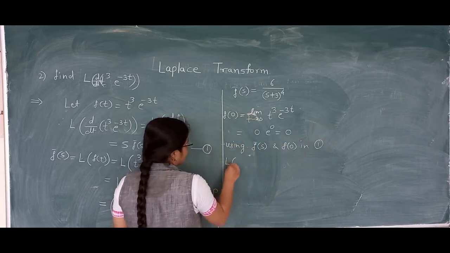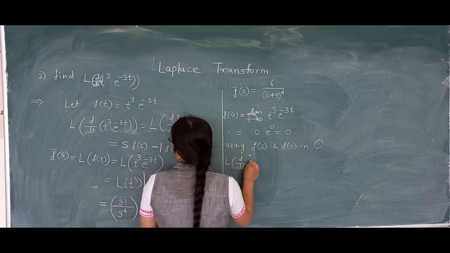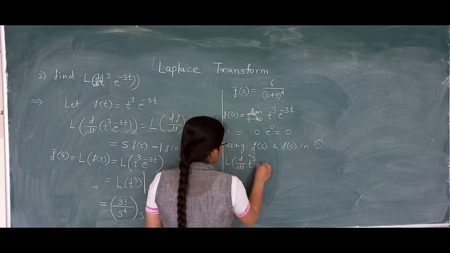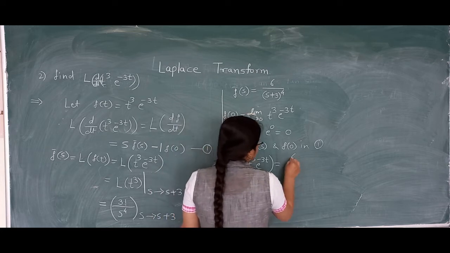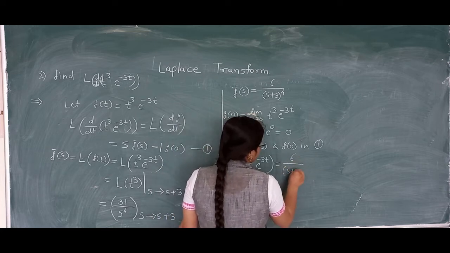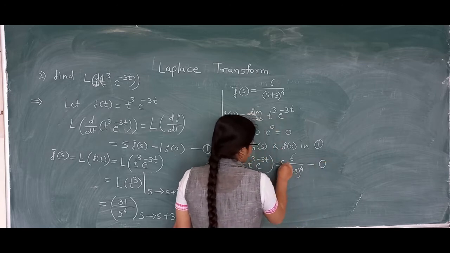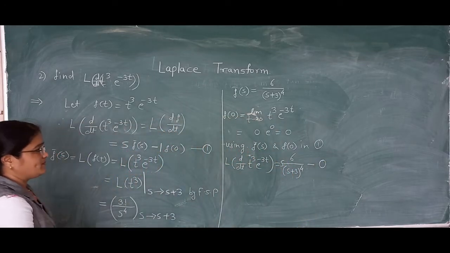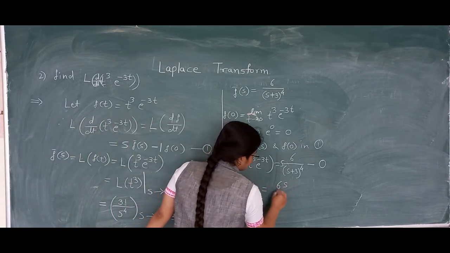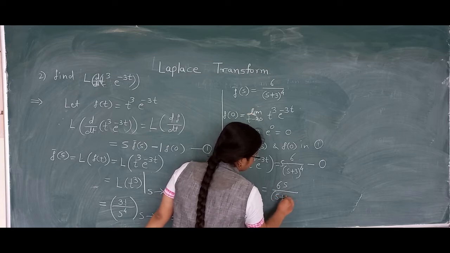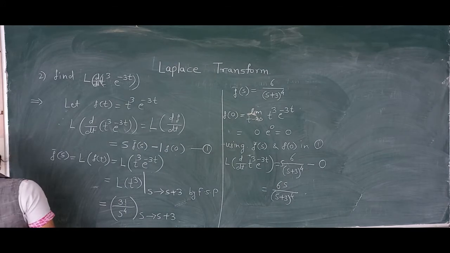We get Laplace of d/dt of t cube e raised to minus 3t equal to 6 upon s plus 3 raised to 4 minus 0, and therefore it is 6s upon s plus 3 raised to 4. That will be the answer of this question.